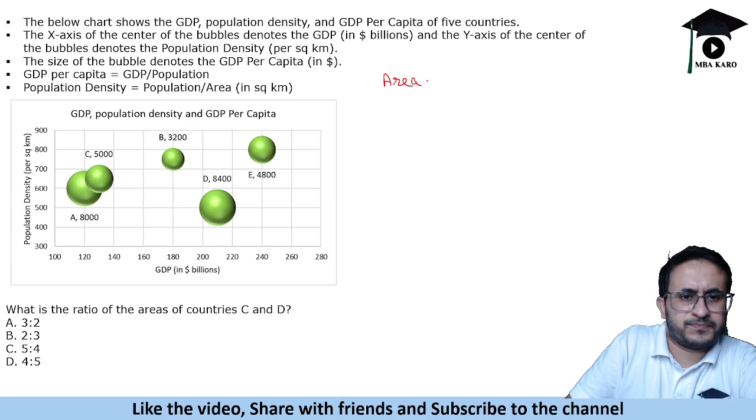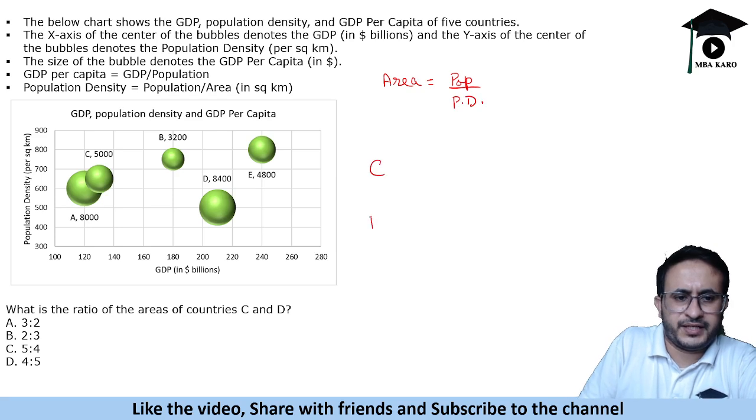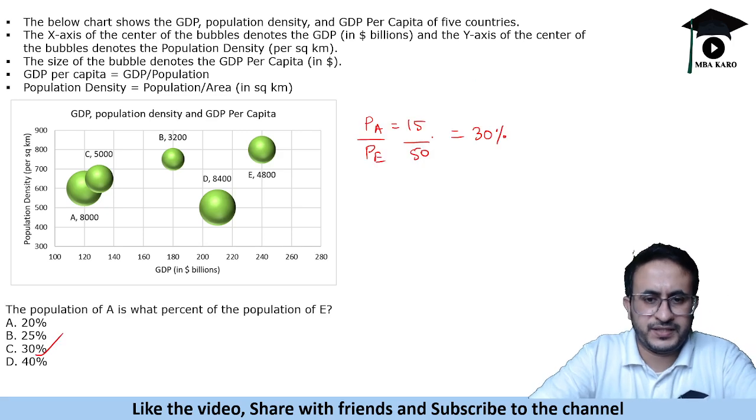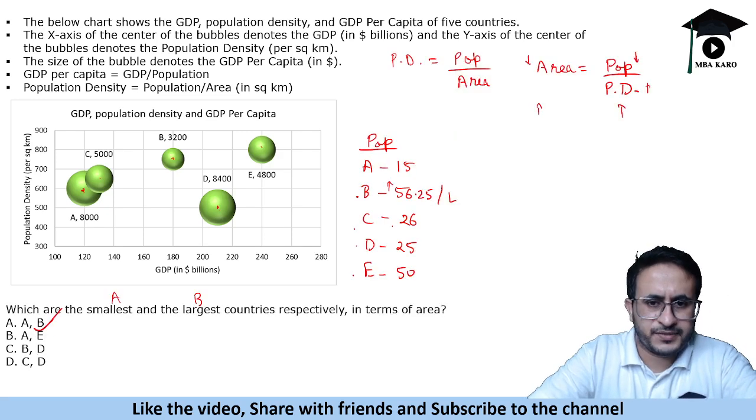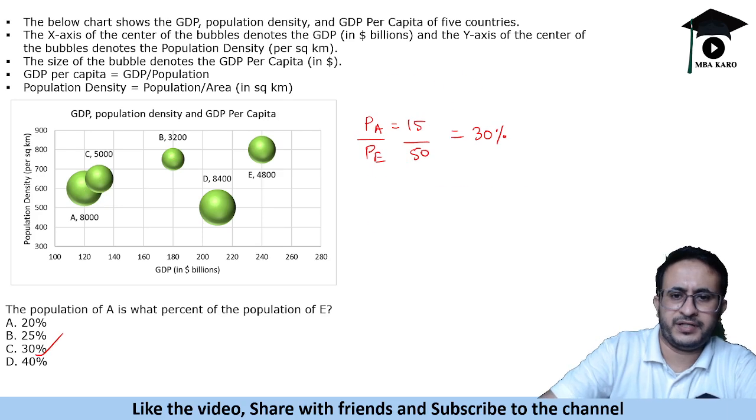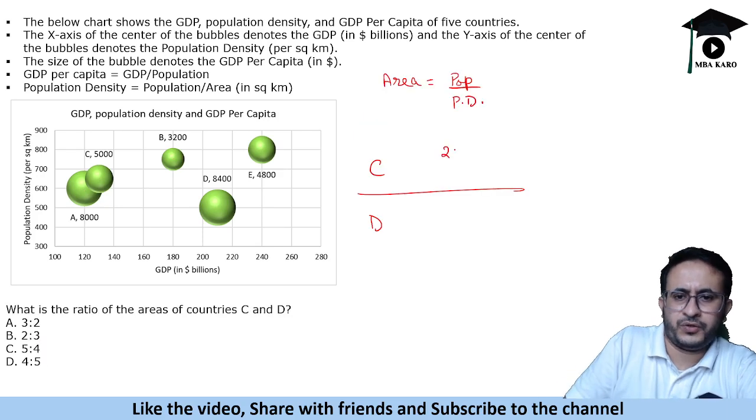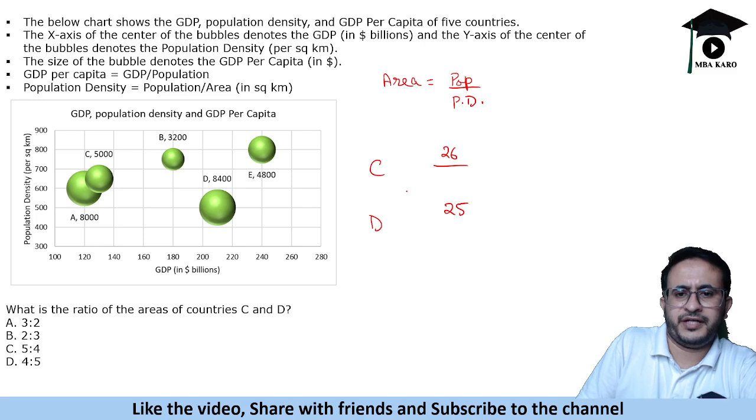Area is population upon population density, right? If we look at C and D, the population of C is 26 million and D is 25 million. 26 and 25, and we will divide by the population density.